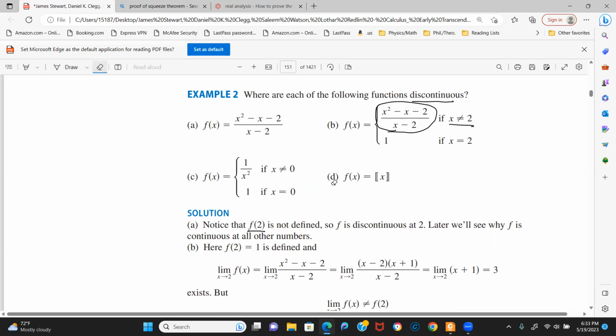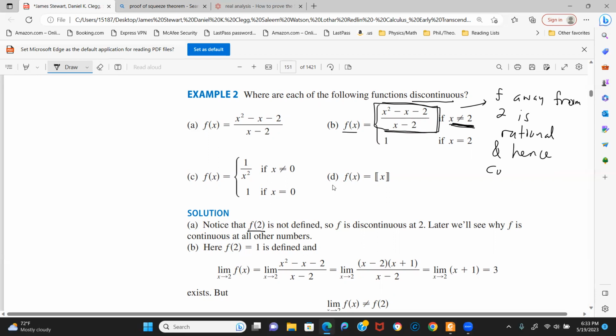So because f of x is this rational function away from 2, we can say it's continuous. That is, f away from 2, where x is not equal to 2, is rational and hence continuous by the direct substitution property.